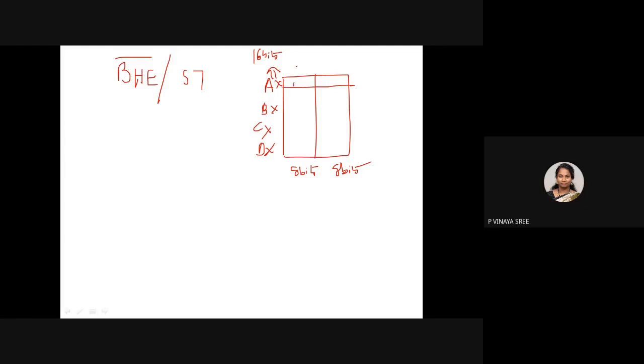If we want to access 8 bits, we call them AH, higher order, and AL, lower order. Similarly, BH, BL, CH, CL, DH, DL.